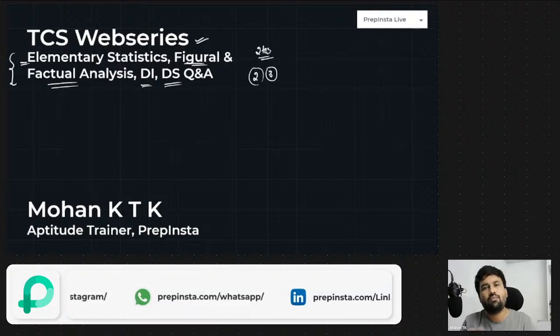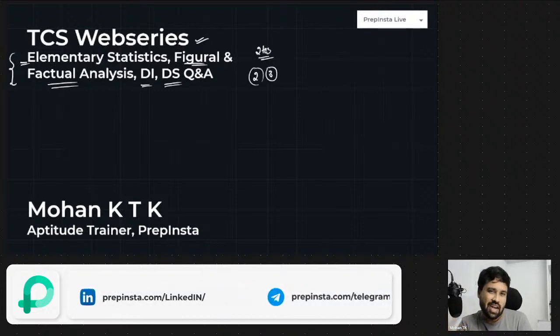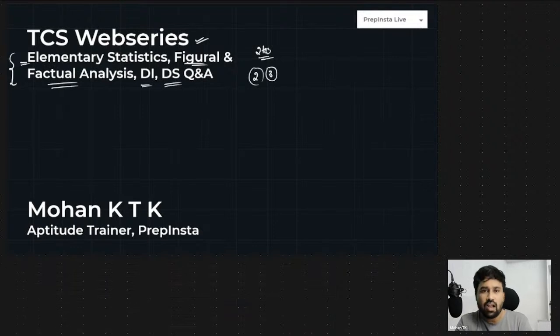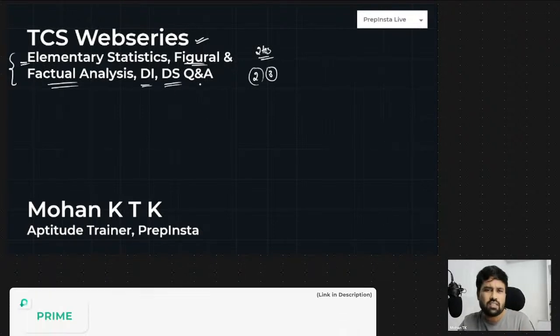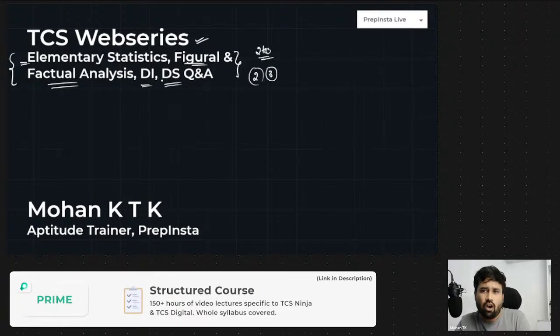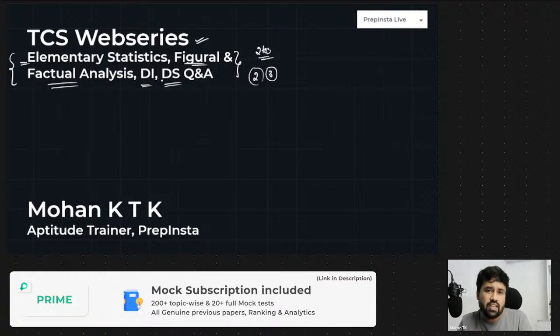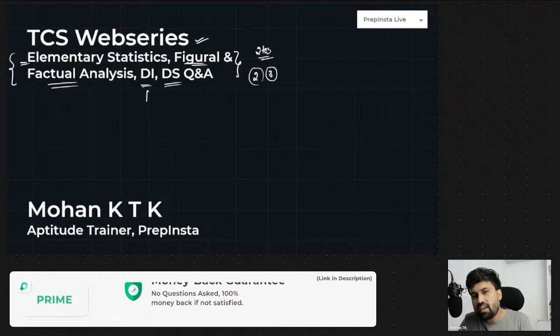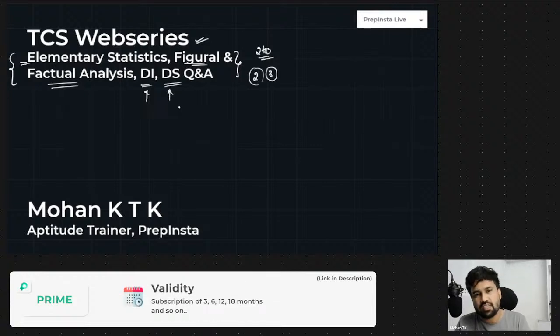Because they are mathematical statistics-related problems, useful in the future for programming languages as well, and they test your visualization skills. So all these categories are very important. Even if you are very good at quantitative aptitude or reasoning, they want to test your skills through data interpretation and data sufficiency, DS.